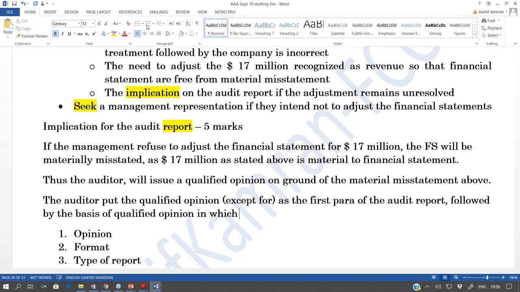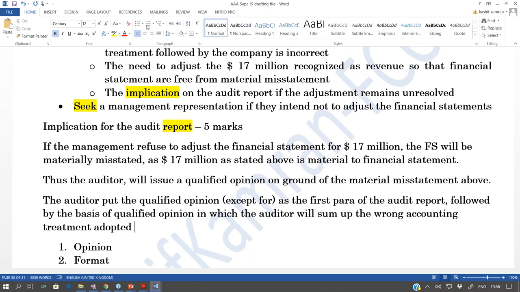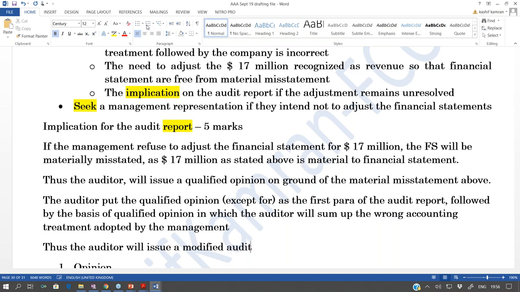in which the auditor will sum up the wrong accounting treatment adopted by the management. And lastly, thus the auditor will issue a modified audit report.